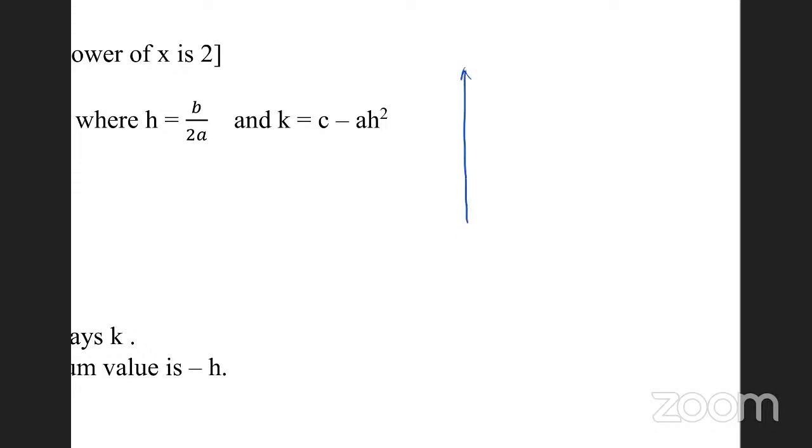Whenever you draw a line, let's say a line looks something like this. Above your line is more than, and below the line is less than.